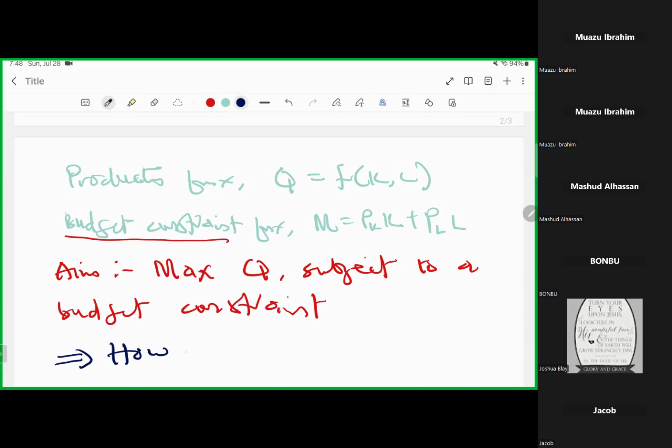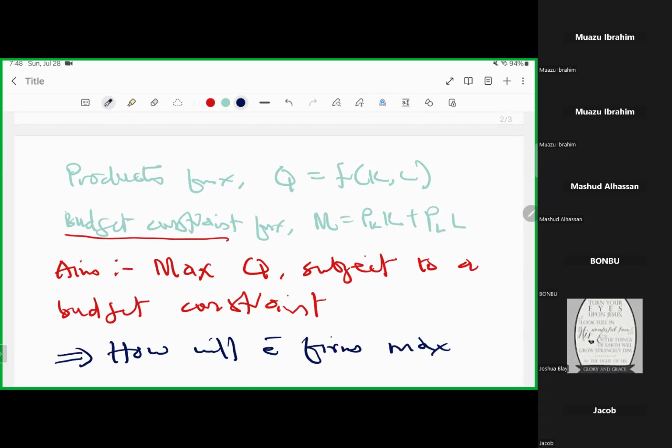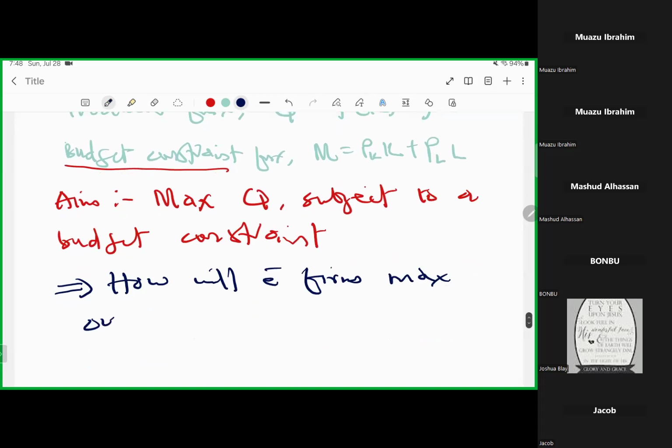So a big question is, how will the firm maximize output subject to a budget constraint?